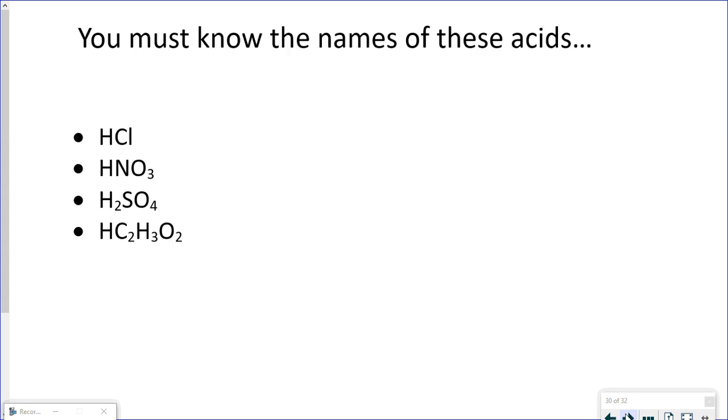These are some of the most common acids you're going to come across, so make sure that you are familiar with these. We already did HCl, which was hydrochloric acid. HNO3, NO3 is nitrate, so this will be nitric acid.